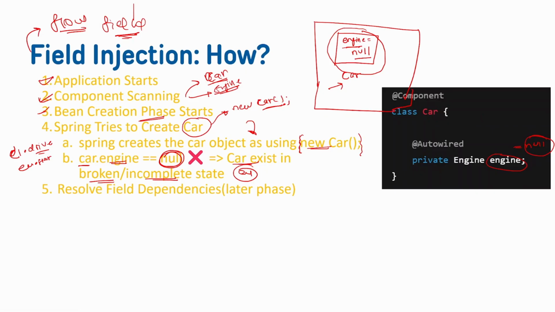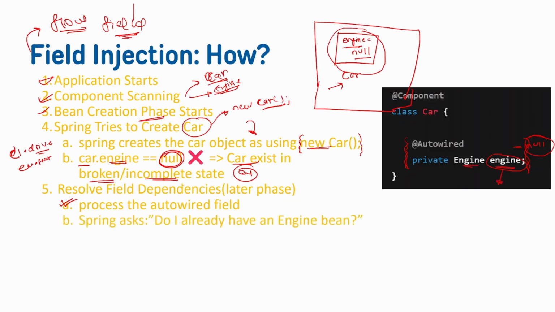So after the Car is created, the dependency is resolved after the creation of the object. Spring will process all the fields that are marked with @Autowired annotations. It identifies that this field is marked with @Autowired, and Spring needs to inject the dependency into it.